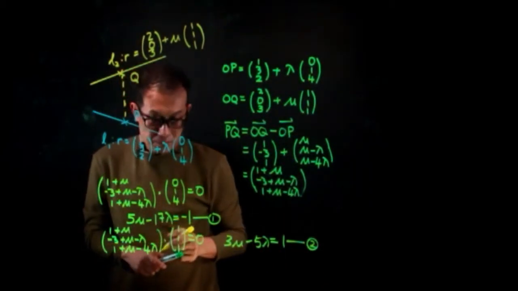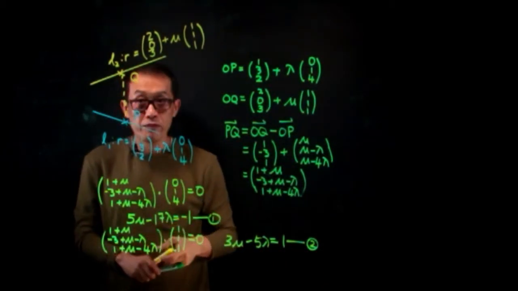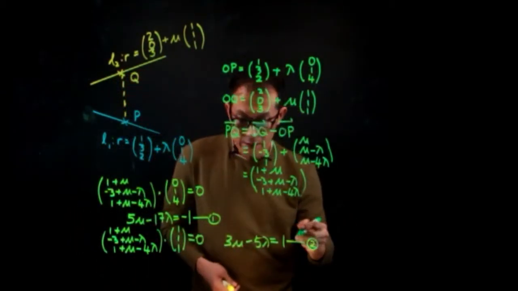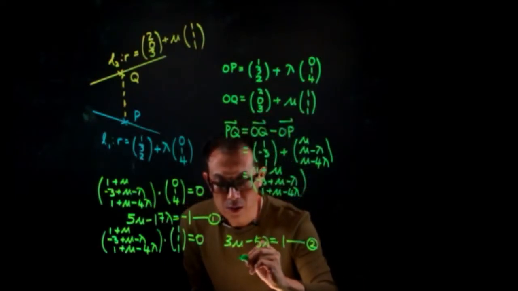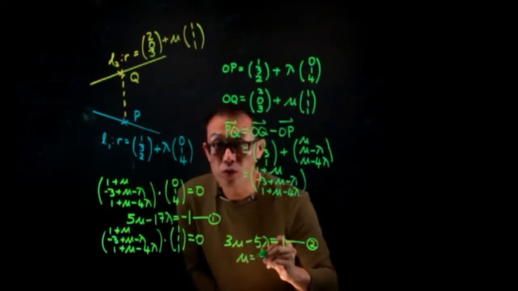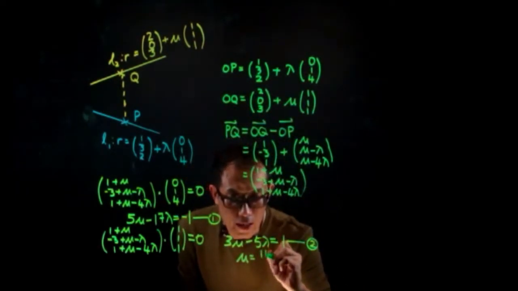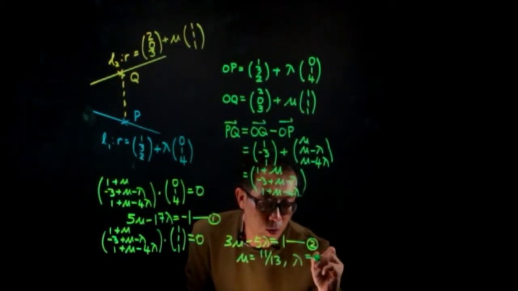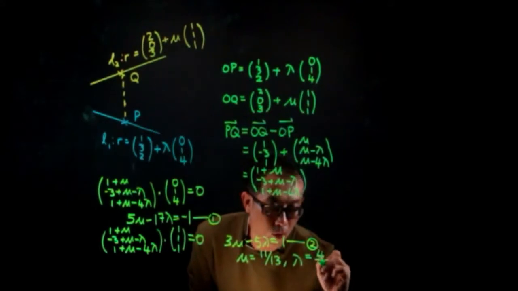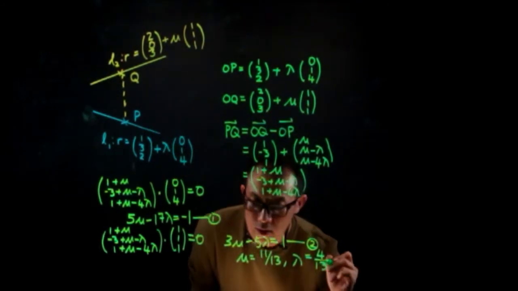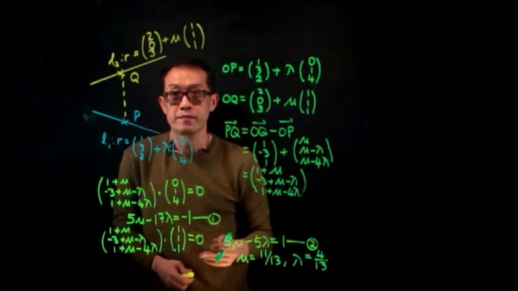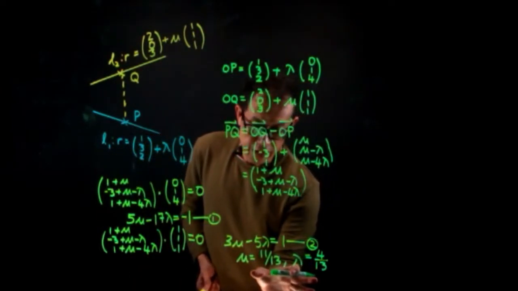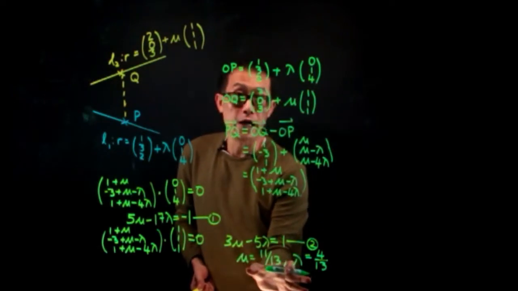Now if you solve both simultaneous equations, you will get mu equals 11 over 13 and lambda equals 4 over 13. So you got both the values of mu and lambda.